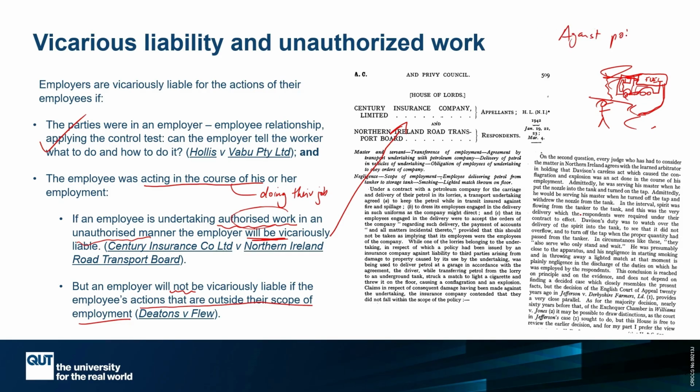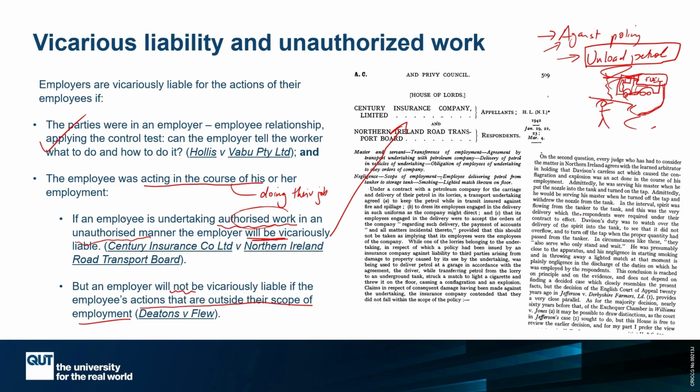You weren't allowed to have a cigarette while you're unloading a petrol tanker if you're working for a trucking company. But what the courts held was he was doing authorised work. He was authorised to unload petrol. And because that work was authorised, it doesn't matter that the worker did it against policy, even something stupid like this. The employer was vicariously liable.